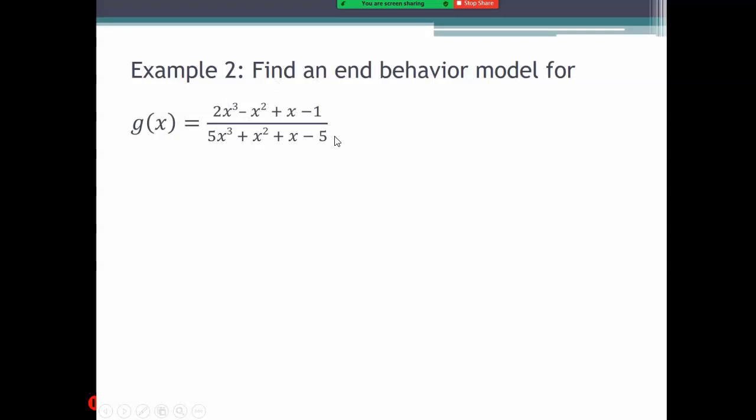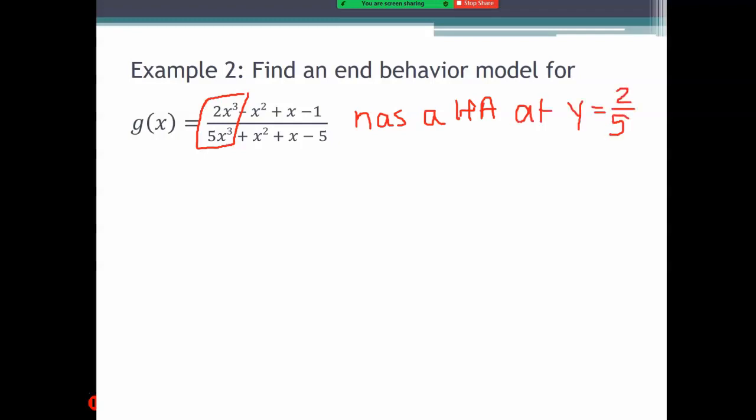What about g of x? They're both odd. And what do you know about the numerator and the denominator? They're both cubic, which means that g of x has a horizontal asymptote where? 2/5.